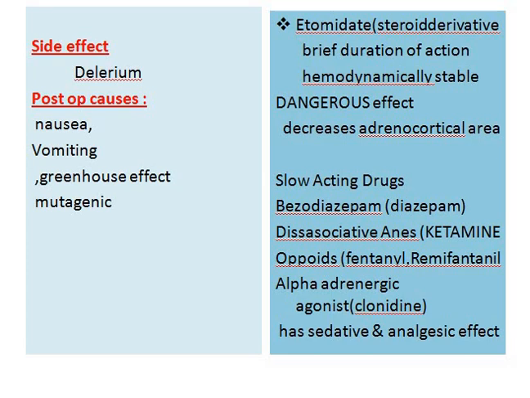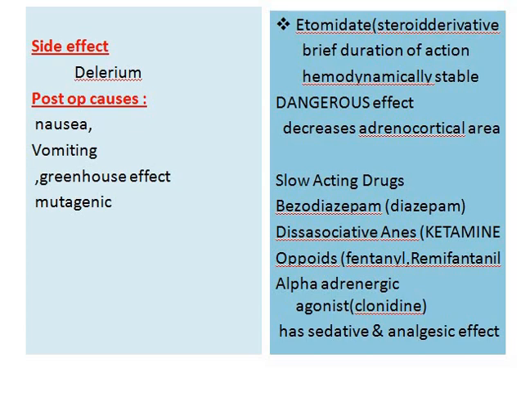It has a brief duration of action and it is hemodynamically stable. But the dangerous effect of this drug is that it decreases adrenocortical function, by which it can also cause Addisonian crisis.